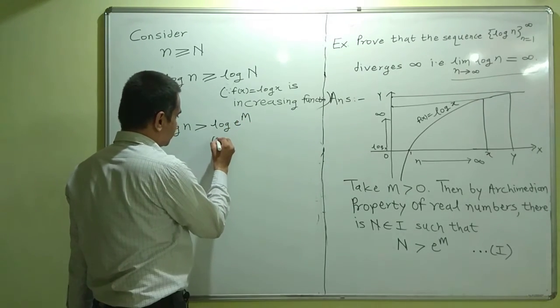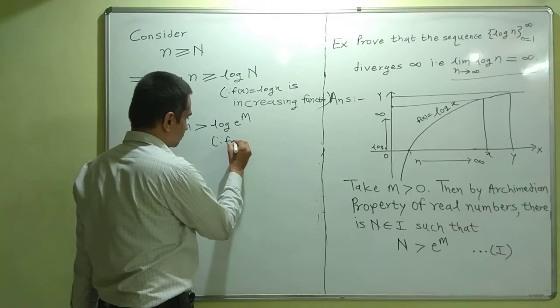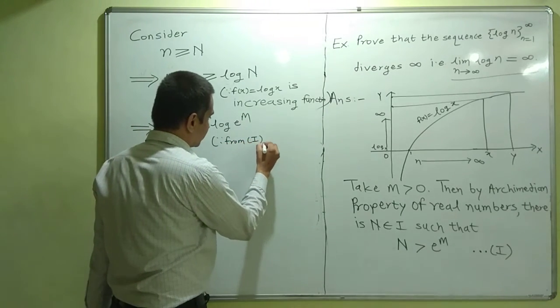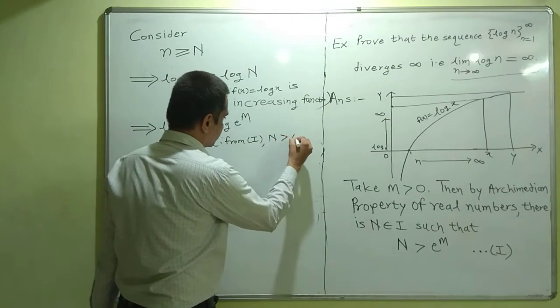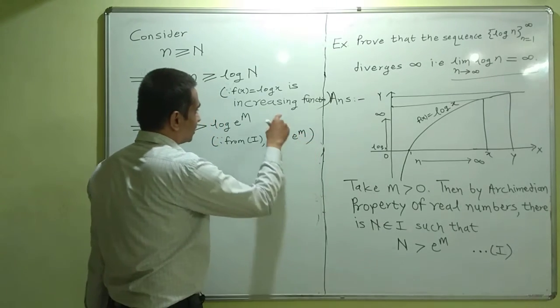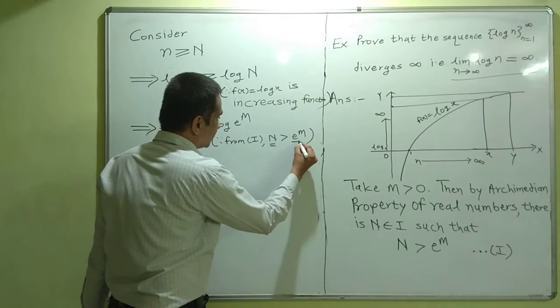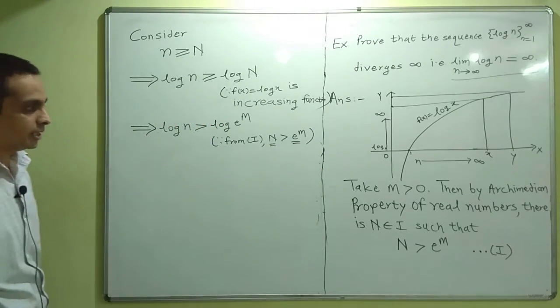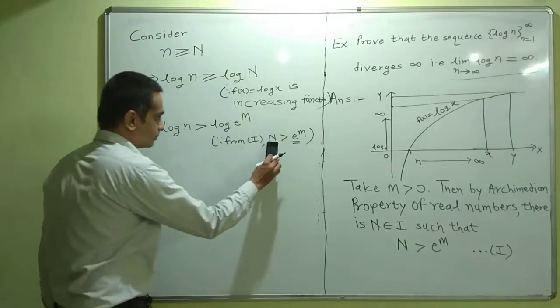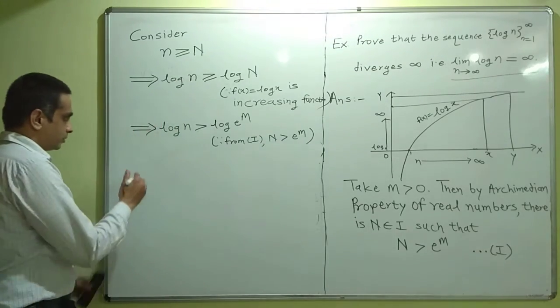Why? Since from first, N is greater than e raised to m, and again you can use the fact that log x is increasing function, so log of N will be strictly greater than log of e raised to m. Okay, this implies what?